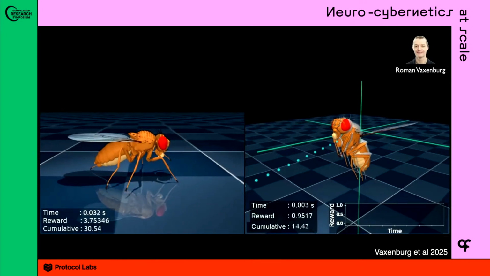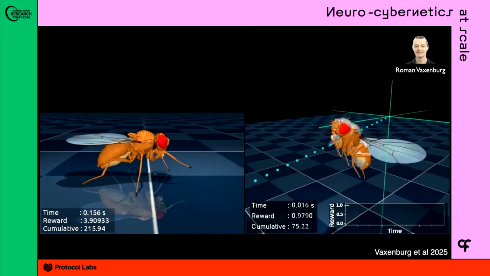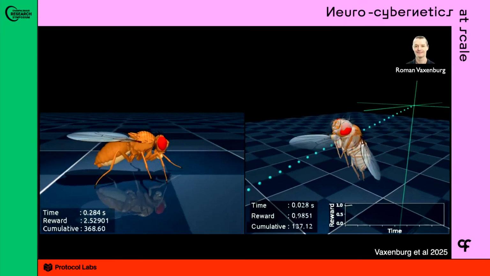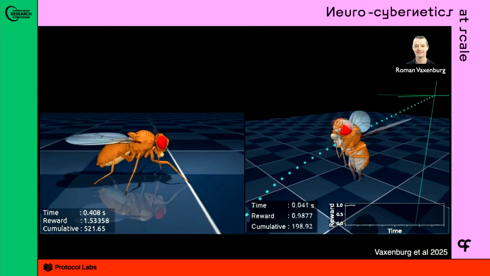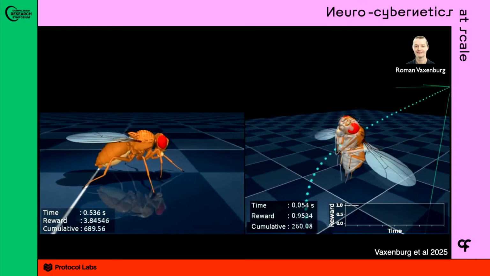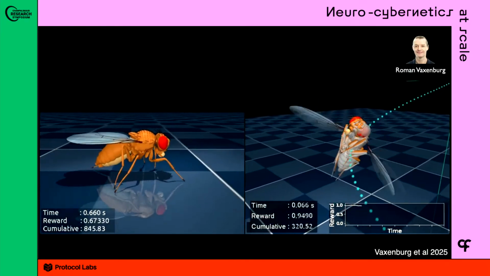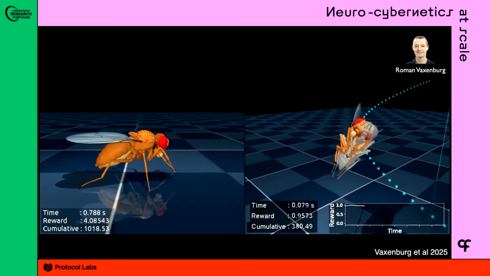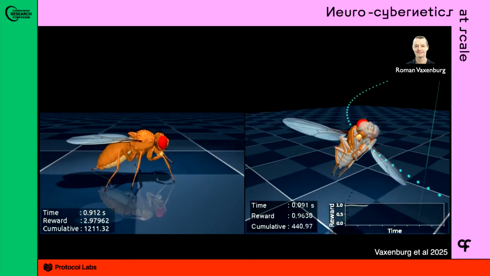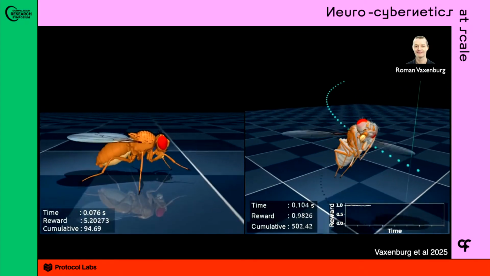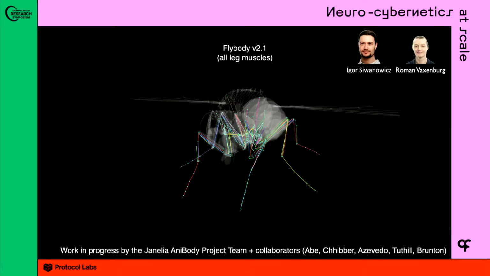Then we used a form of imitation learning using reinforcement learning, and we were able to get the fly to walk better and more realistically by training it to match the way that real flies walk and fly. Now, that was the end of that paper, but we're still working away to add more realism to this body.